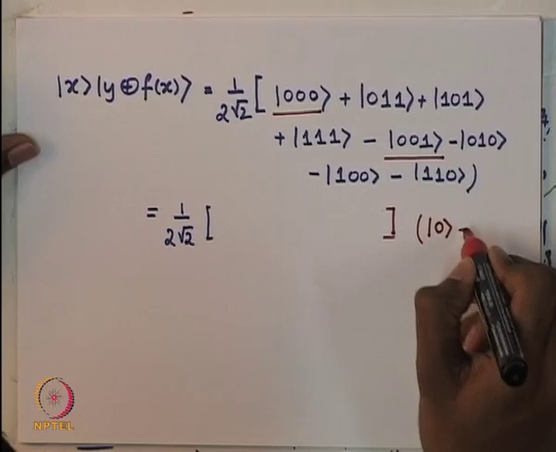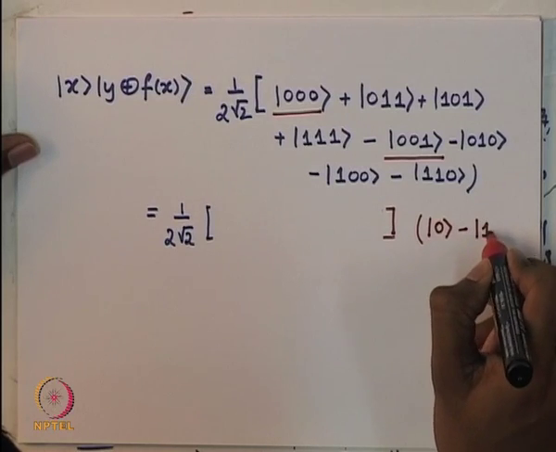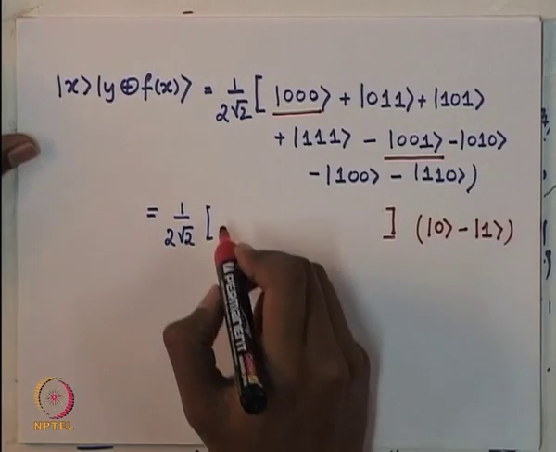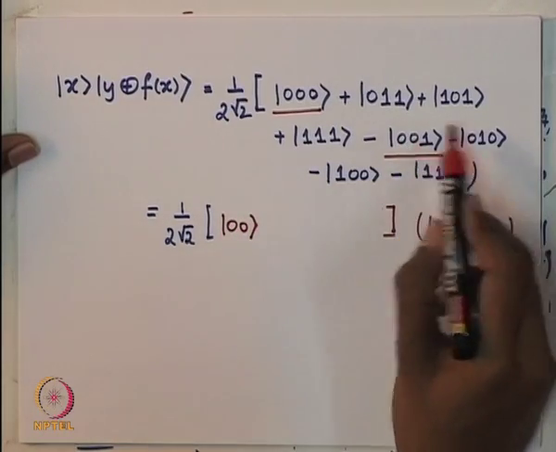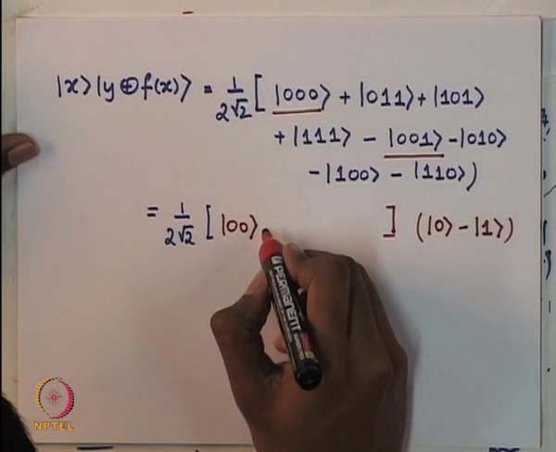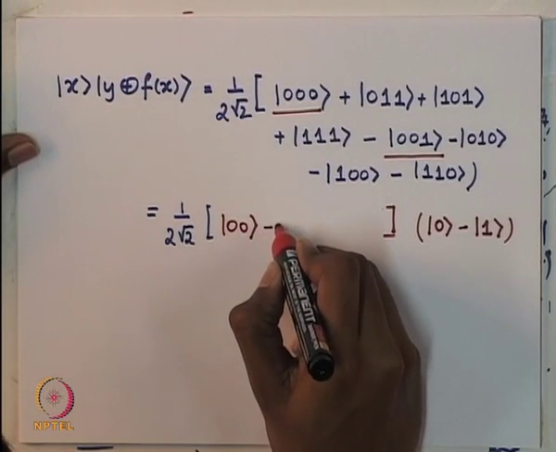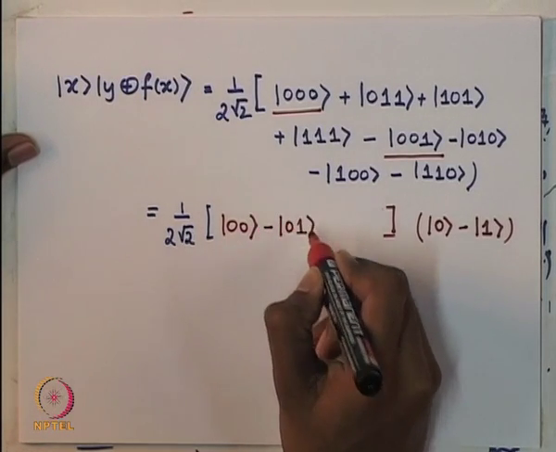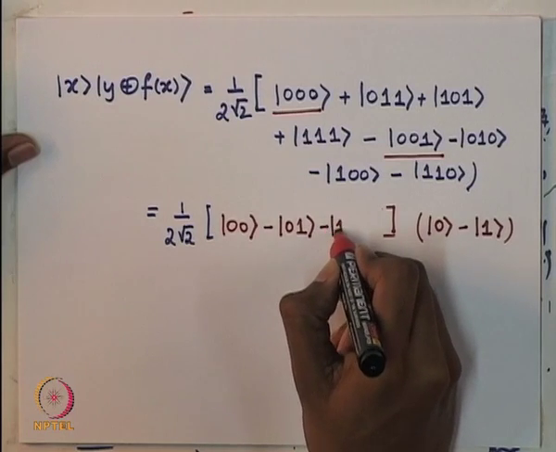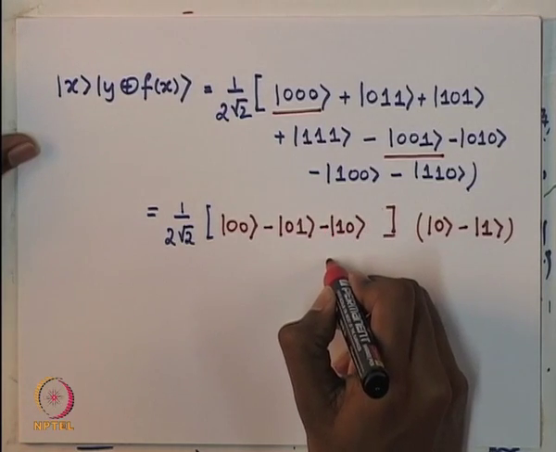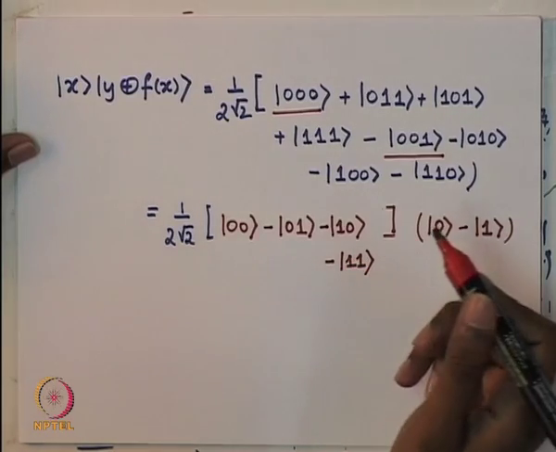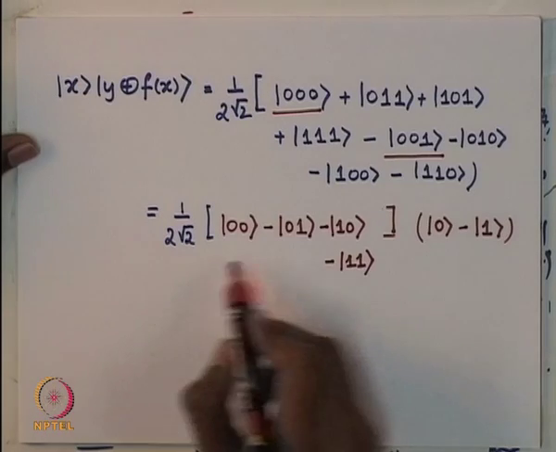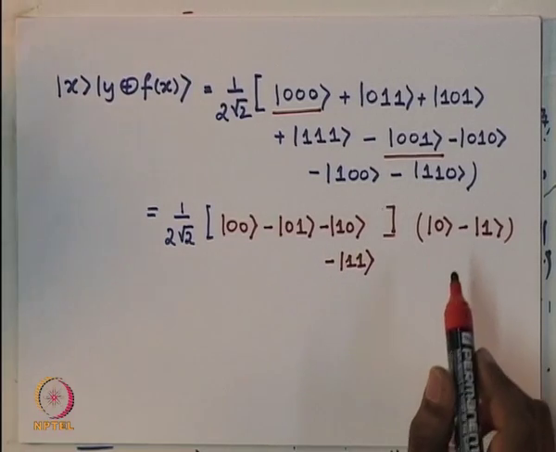Similarly, separating from other terms, we would obtain qubit 0 minus qubit 1. So this is the output of the oracle.